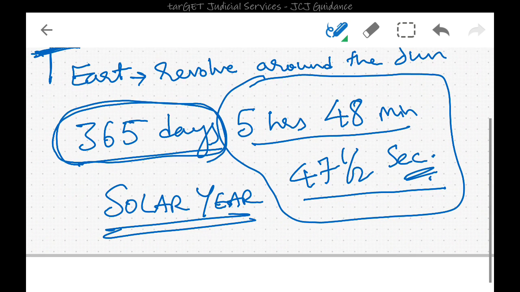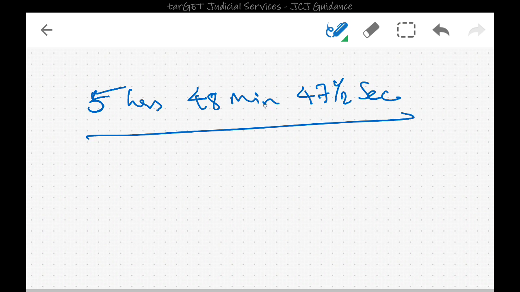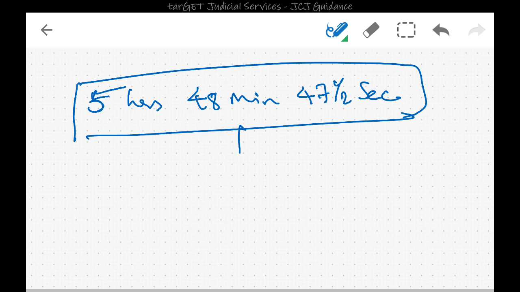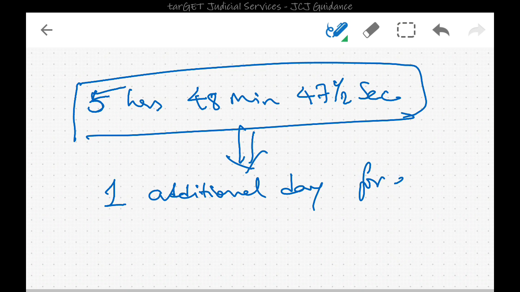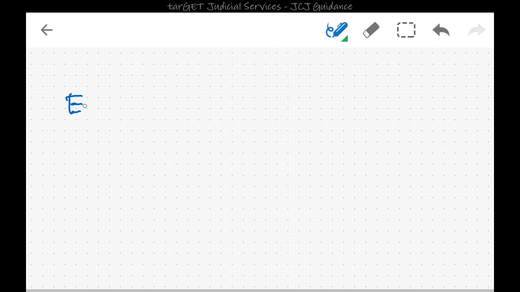So whatever has been excluded, 5 hours, 48 minutes, 47.5 seconds, will be rounded off to become one additional day for every 4 years. So what that means, every 4th year is a leap year.